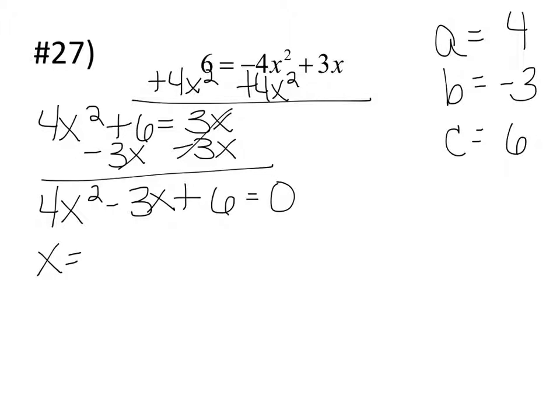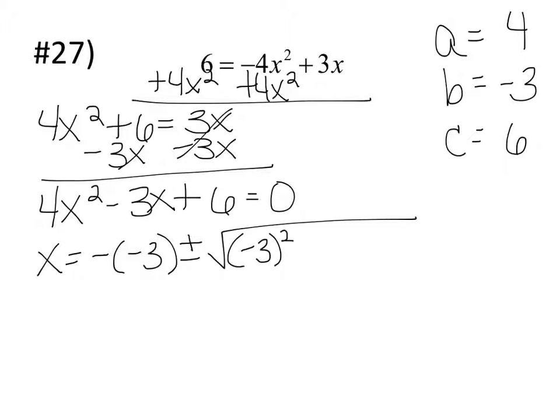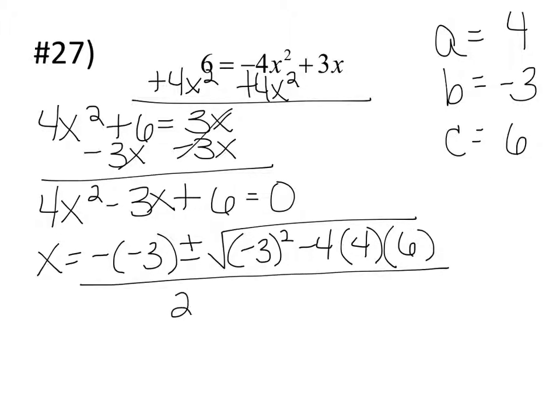So I'm going to plug into the quadratic formula. You have negative b, which is negative 3, so negative 3, plus or minus the square root of b squared, so negative 3 squared, minus 4a, which is 4, c, which is 6, all over 2a, which again is 4.